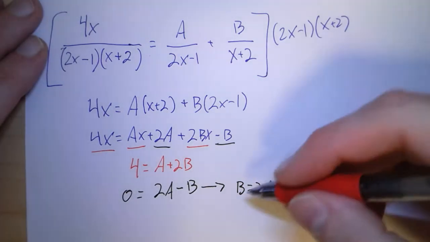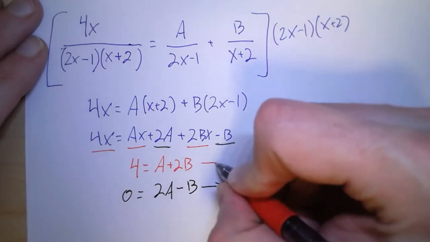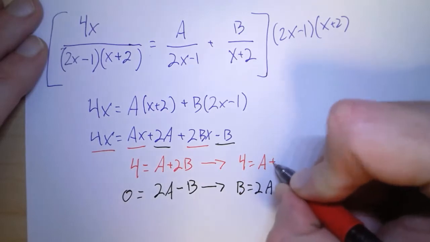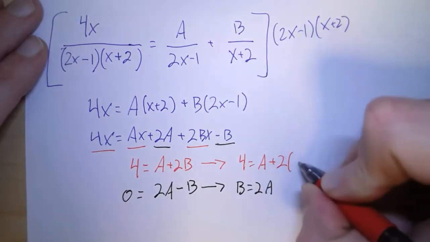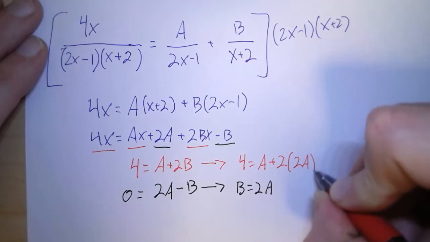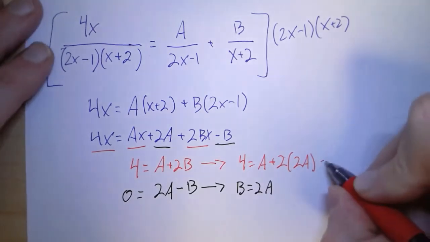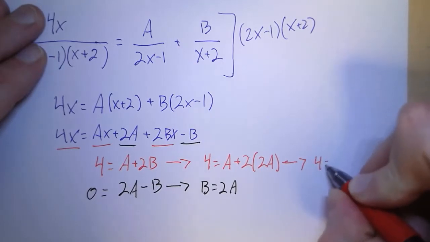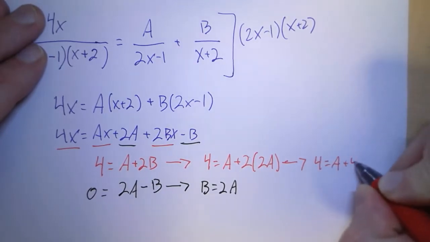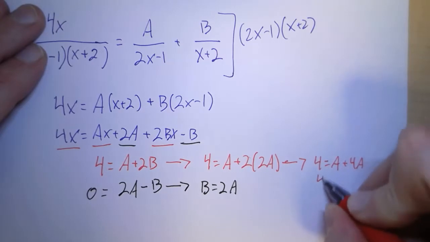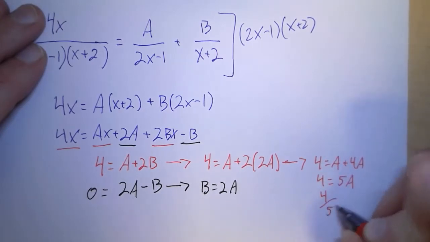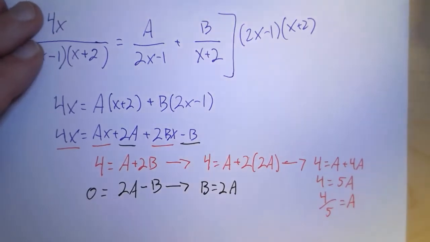So now, any place we see a b, we can substitute 2a in place of it. So we'll do that with this equation, 2 times 2a. So what that will become is 4 equals a plus 4a. So 4 equals 5a. So we get a fraction here. 4/5 is what a equals.